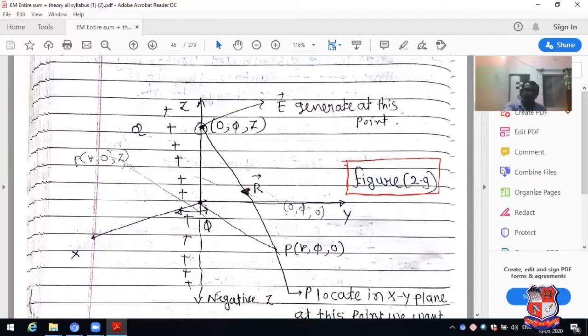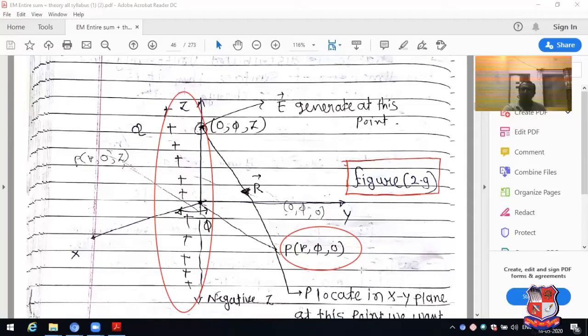Now, due to this plus q charge distribution, we would like to determine the electric field at point P.